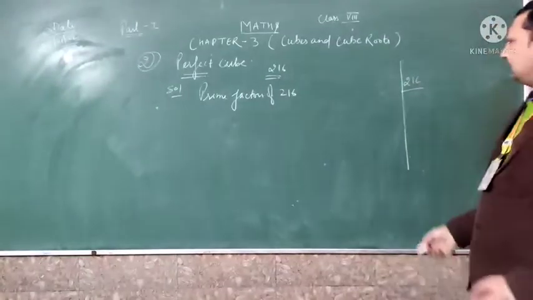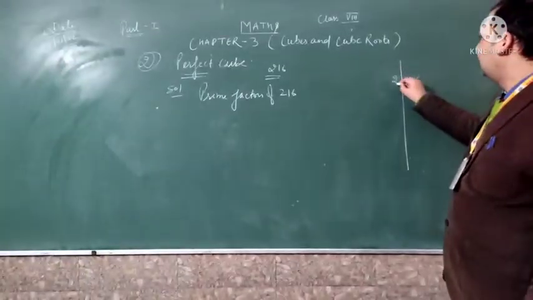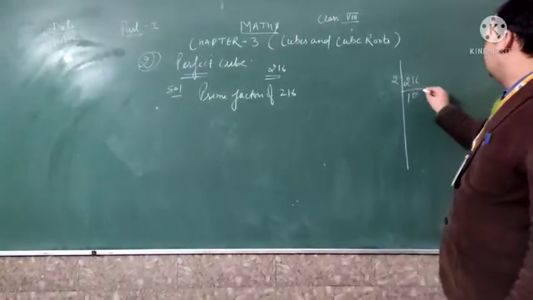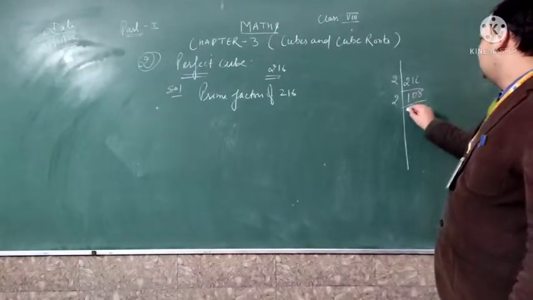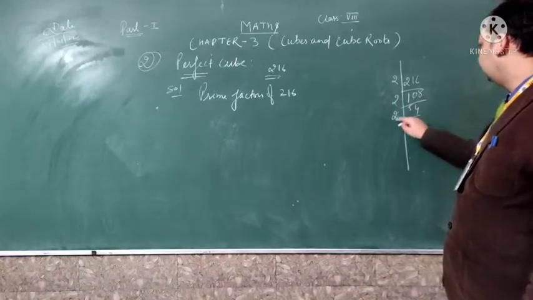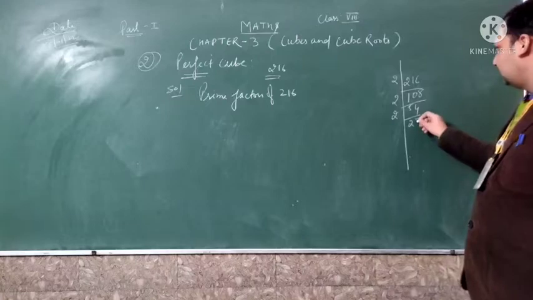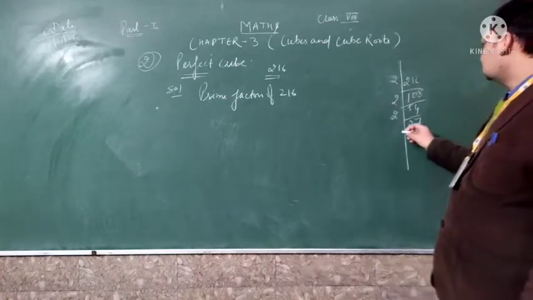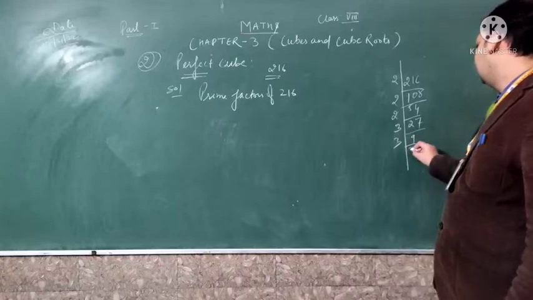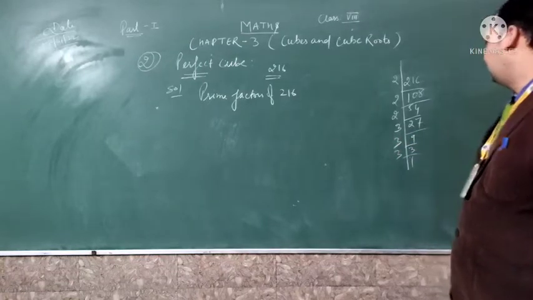The last digit is 6, that is even, so divide by 2. 2 threes are 6, then we cannot divide 0. 2 eights are 16. Again 2, 5, 5 twos are 10, 4 twos are 8, 2 twos are 4. Then 3, 9, 3 nines are 27, 3 threes are 9, 3 ones are 3.